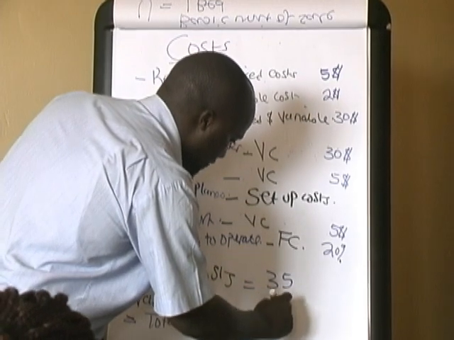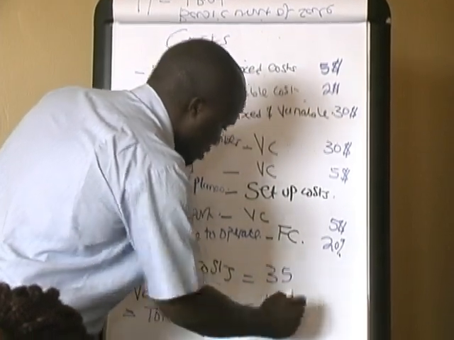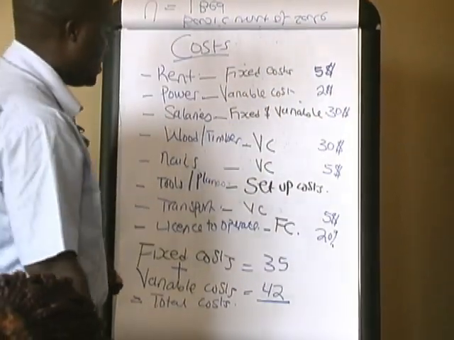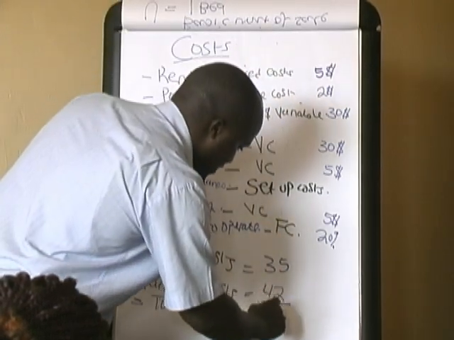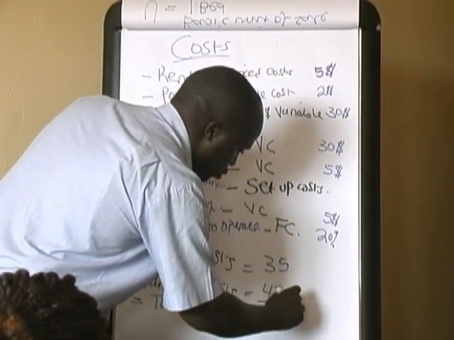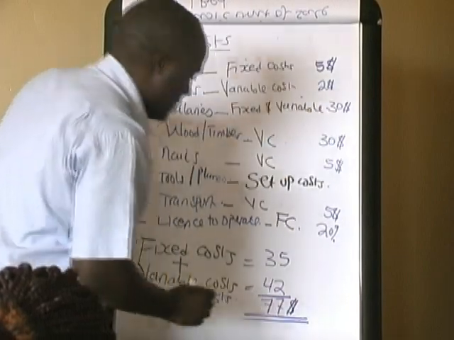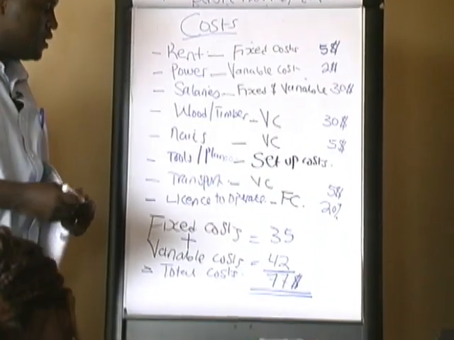So you are spending $42, and your total costs, if you add the two, you'll find easily that you are spending $77. That's what your total cost would be in a given month.